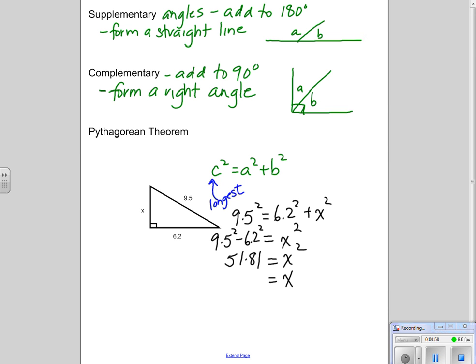I just take the positive square root of 51.81. And I'm going to round to 1 decimal place, 7.2. The reason I chose to round to 1 decimal place is that both of my measurements were to 1 decimal place. So giving it any greater accuracy than 1 decimal place would just be silly on my part.